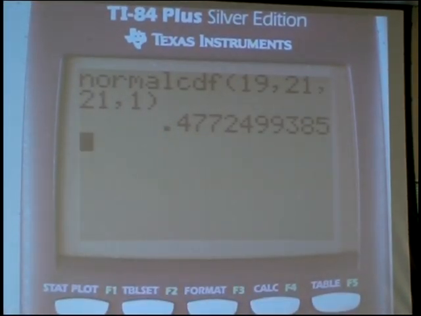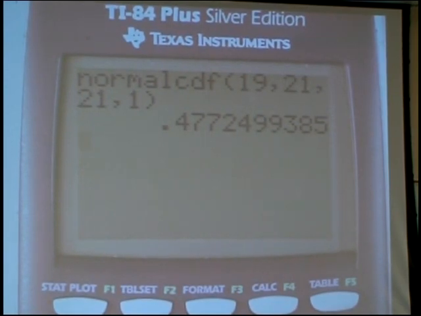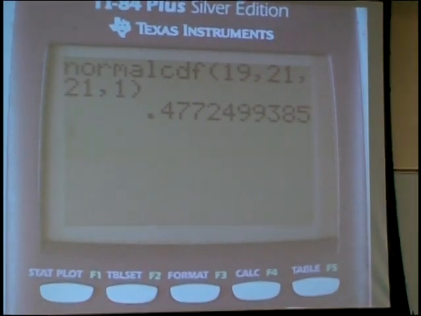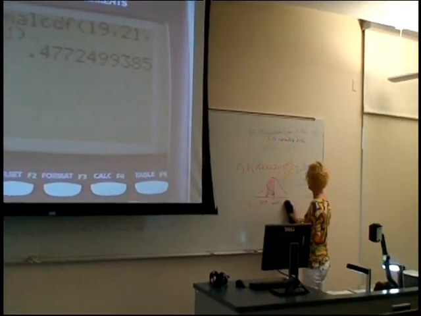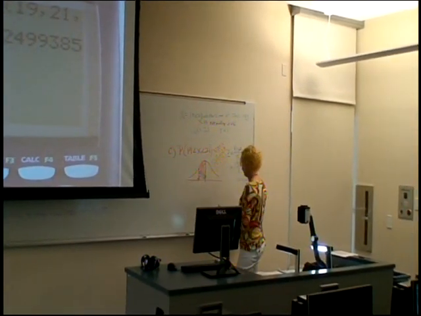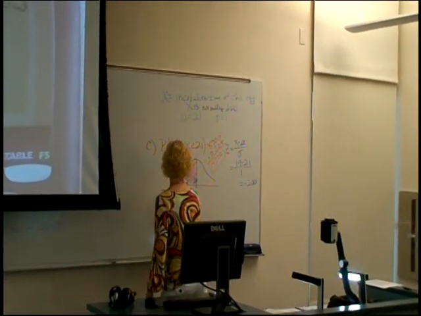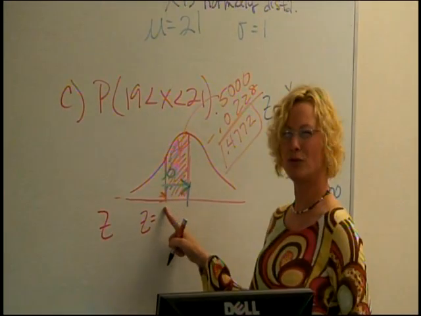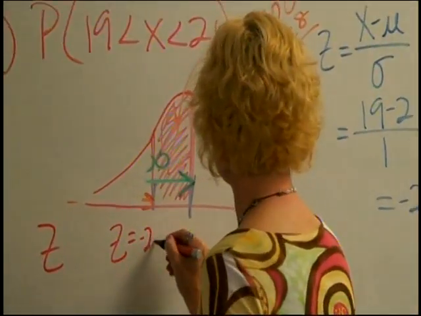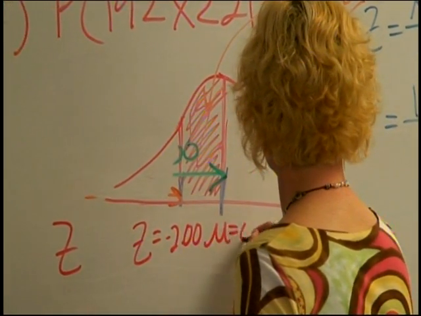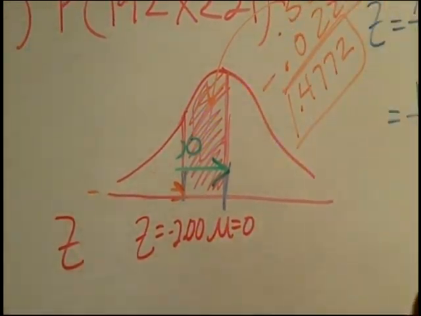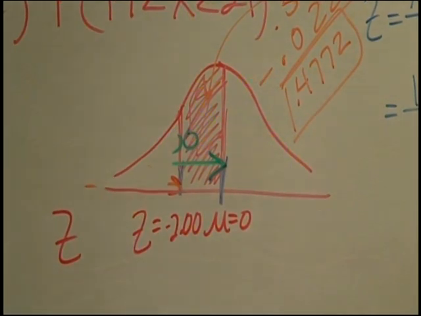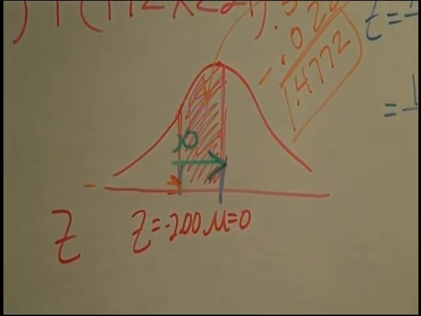Now, let's say that we already transferred this over to Z. That was -2. They wouldn't call it X1 and X2 versus lower bound and upper bound? That's just what I call it.